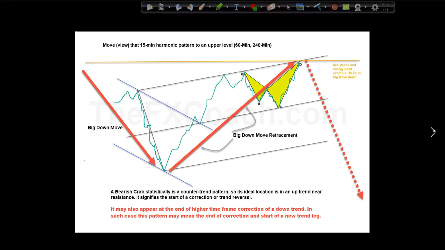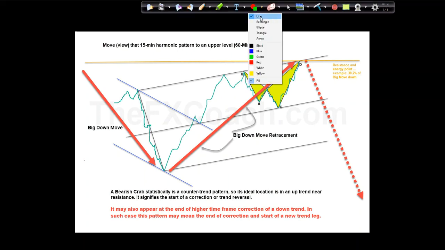What's happening here with our pitchfork is we had a blue pitchfork coming down as a channel. Let's say it was the big move. It was a big move coming way up there.